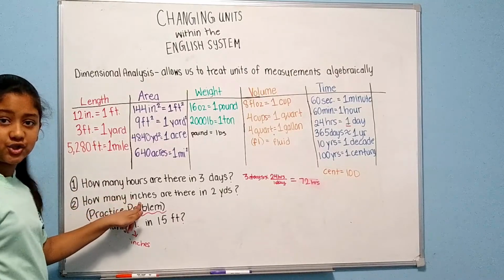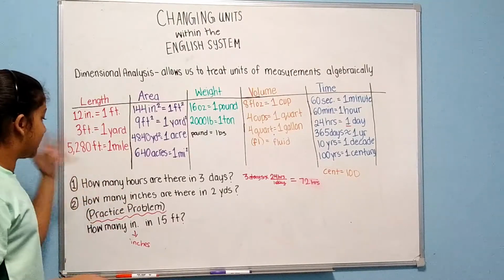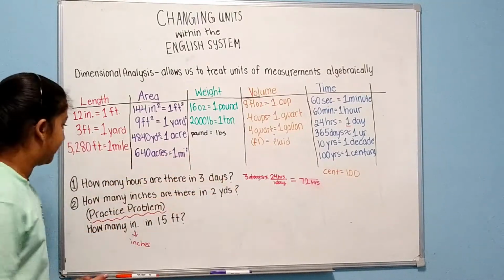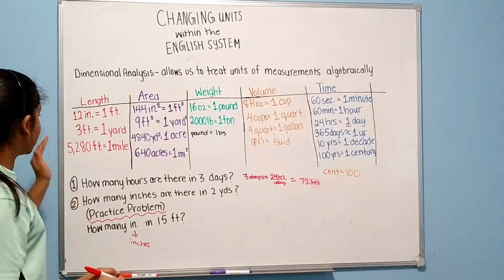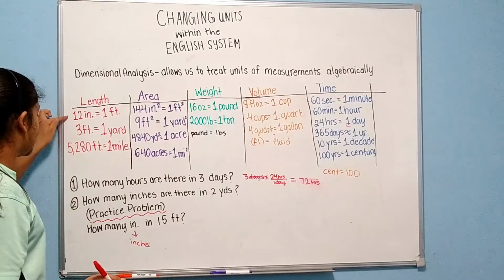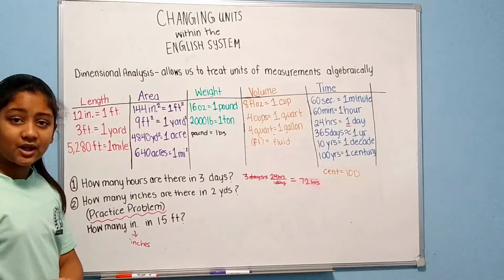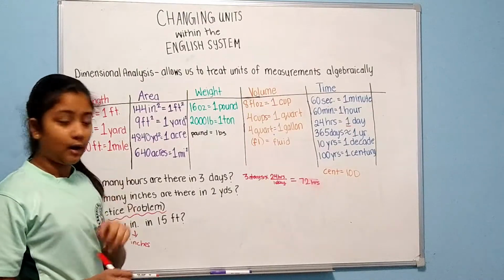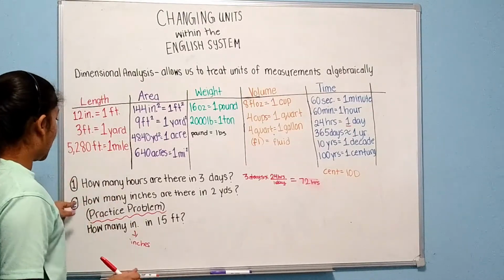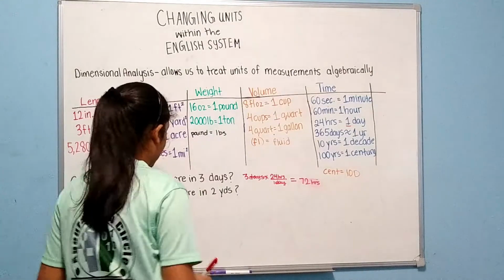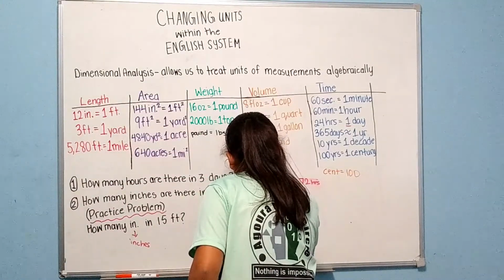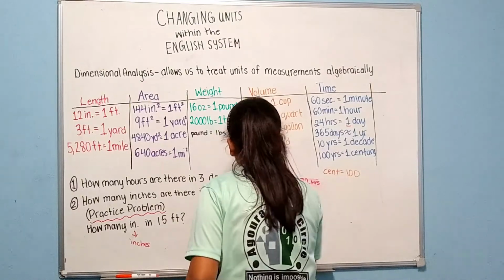However, we need to find inches, so this includes another step which we didn't use in the first problem. We need to simplify 3 feet into inches so we can find out how many inches there are in 1 yard. So we know that we have to find out how much.